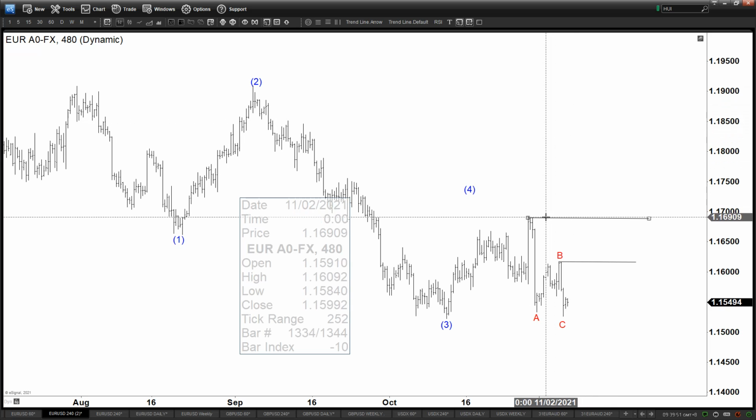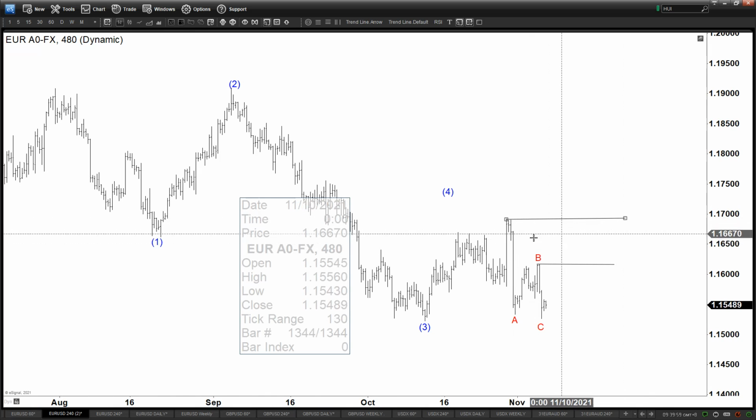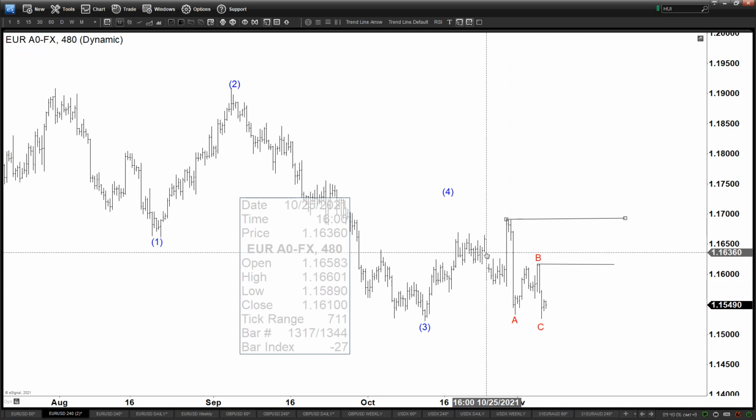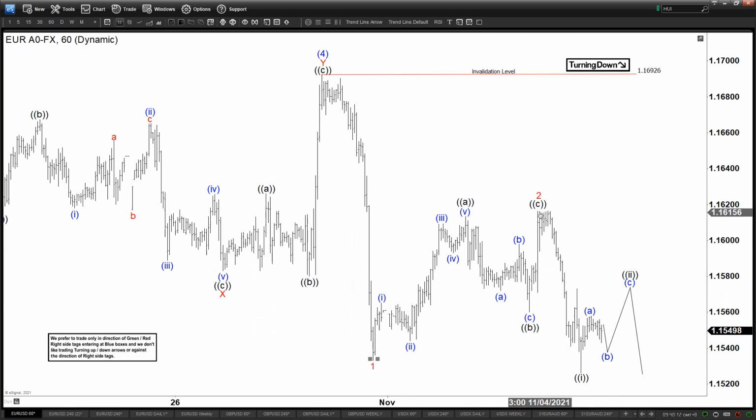A lot of people think that this is a 100% thing, but it's never going to be 100%. We try our best to rank based on what we observe and our experience, but at the end of the day, it is a probability game. So for now, as long as we stay below 116.16, and more importantly 116.90, we should be looking for the downside.